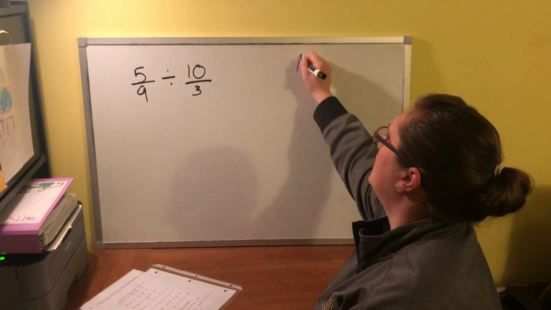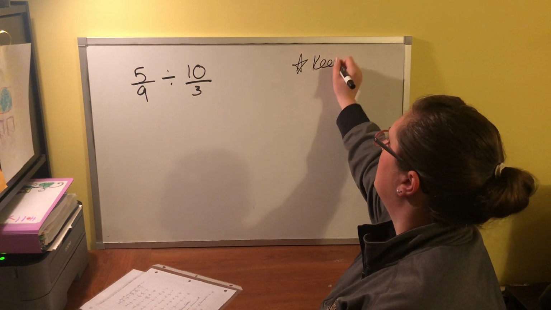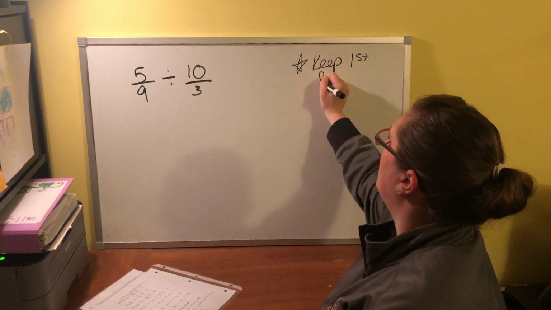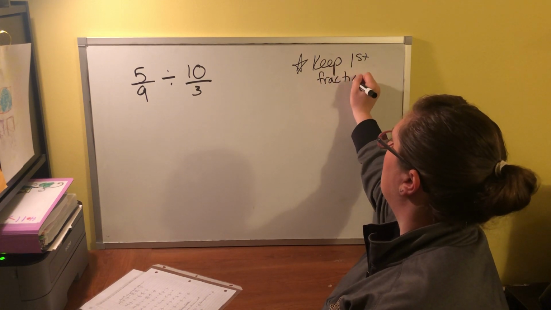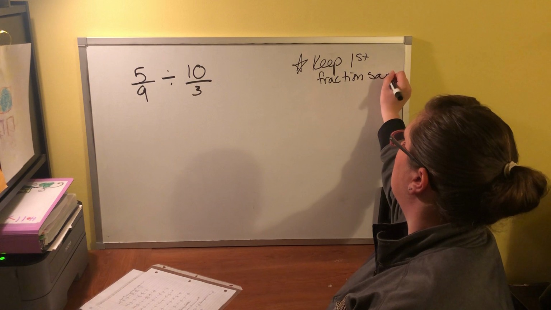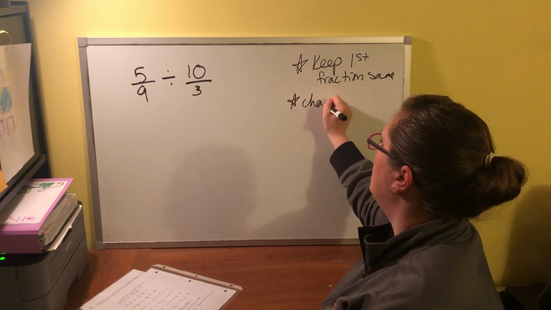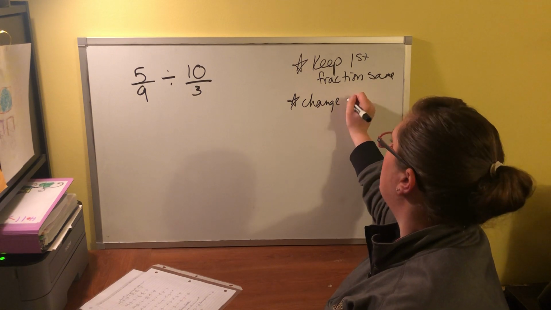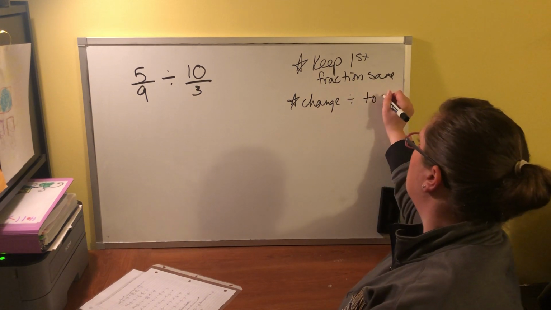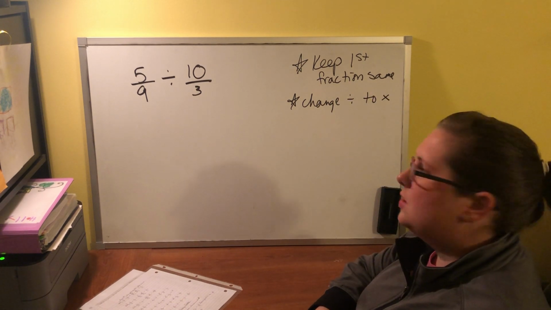So essentially what you want to do is keep the first fraction the same. Then you want to change division to multiplication.